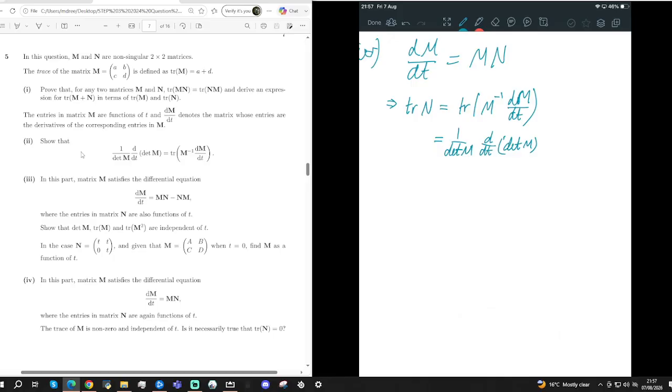I can say, yes, trace of n is equal to 0. Well, det m itself cannot be 0, and certainly the fraction cannot be 0. So it comes down to thinking about the determinant of m. How does the determinant of m behave?